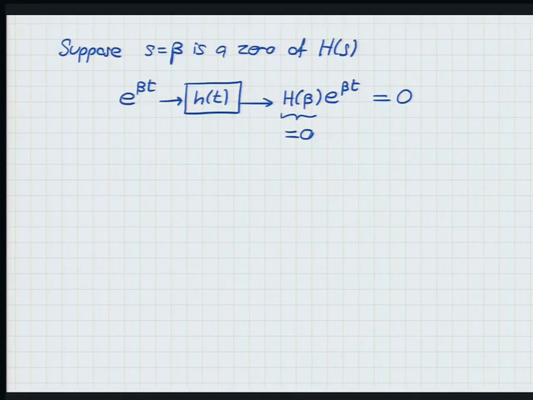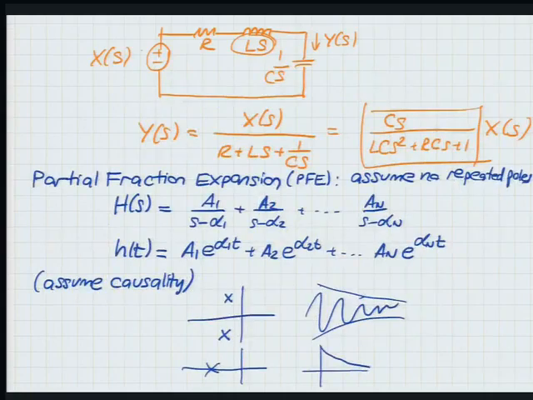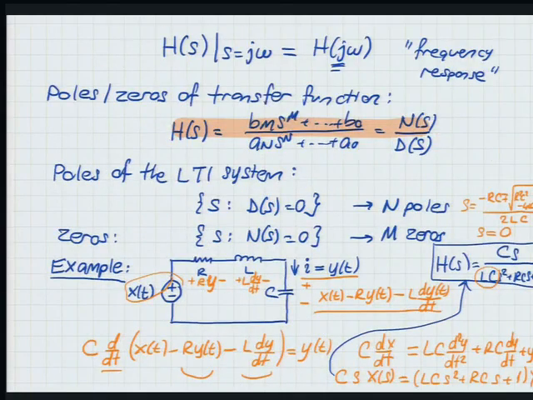Does that make sense? For example, if I go back to the circuit, did it have any zeros? It has a zero at 0, right? So what are the inputs that the output will not see? Constants, right? Because e to the beta t, in this case beta is 0, so we're talking about e to the 0, which is constant.